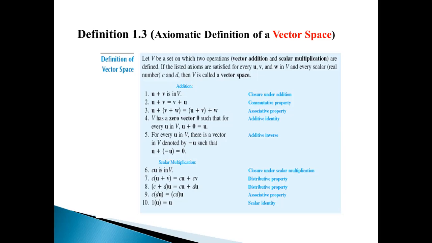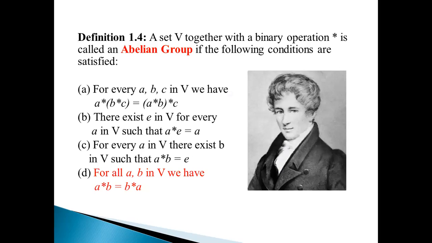For that, we are going to first define what an abelian group is. If you have a set V together with a binary operation star, that set together with that operation will be an abelian group if the following four conditions are satisfied. It must be associative, and there must exist an identity element.